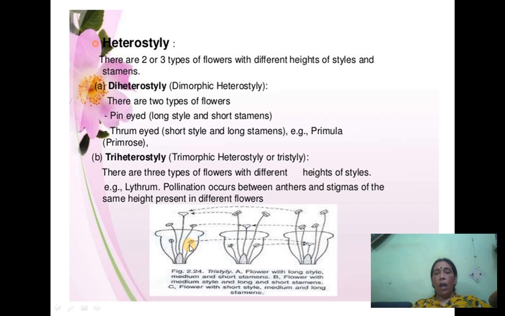In the first one, the height of the stigma is more than that of the anthers. Here the height is less than that of the anthers, and here you see how the pollen grains are transferred from here to here. That means the pollen grains are transferred between stigmas and anthers of the same height.